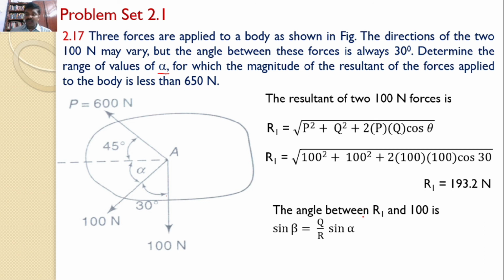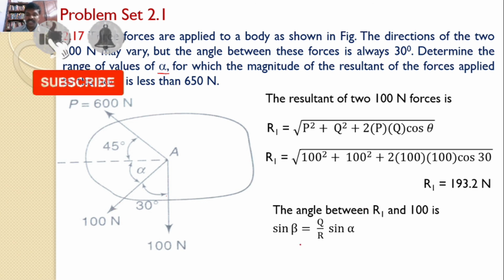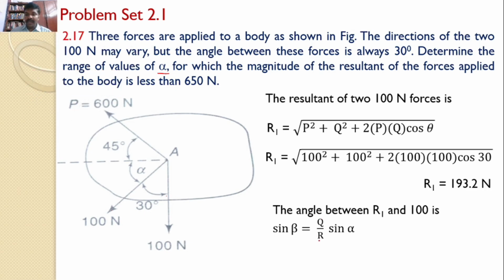And the angle between the resultant force and either of the 100 newtons forces is given by sine beta is equal to Q by R into sine alpha. This is the formula. According to that, sine beta is equal to 100 by 193.2 into sine 30.